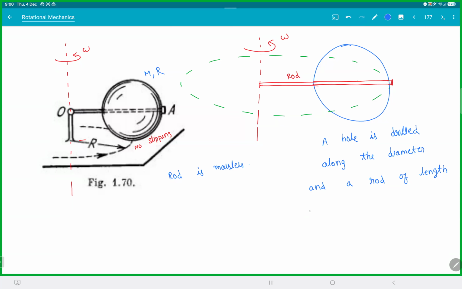Okay, rod of length L is inserted. Right, and the rod is rotated. So what will happen when you are trying to rotate this? The sphere also will start rolling, right? You're getting how will the picture look like?